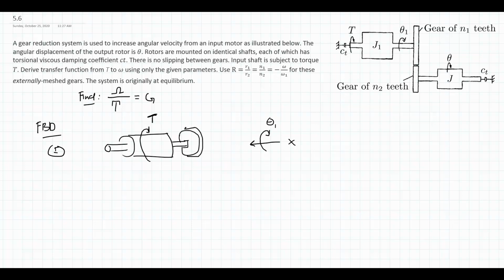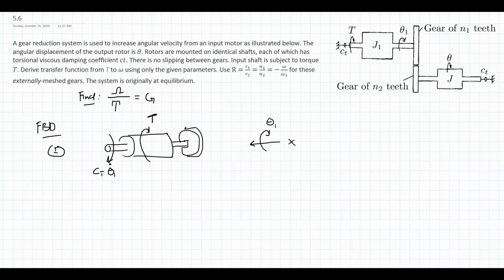So again, I'm establishing that around this x-axis positive is the positive sense of the angular position, and thus the positive sense of the angular velocity. Always opposing that direction is going to be the torque or the moment from this rotational damper. So it's going to be the damping coefficient times the angular velocity. θ1 is the position, θ1 dot is the angular velocity.